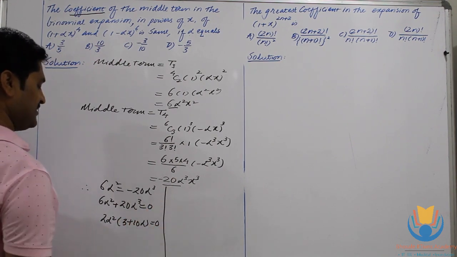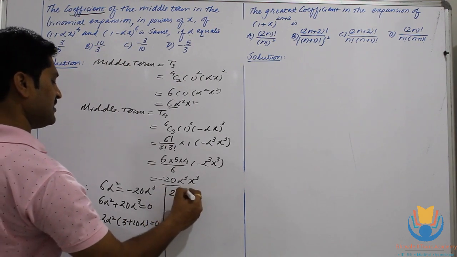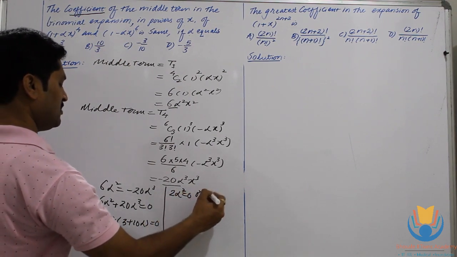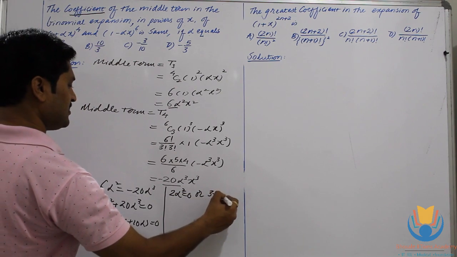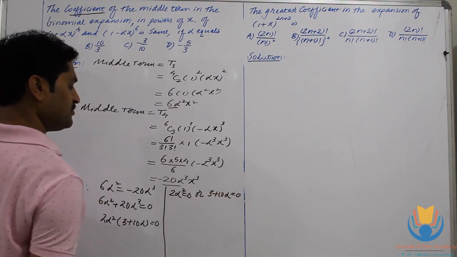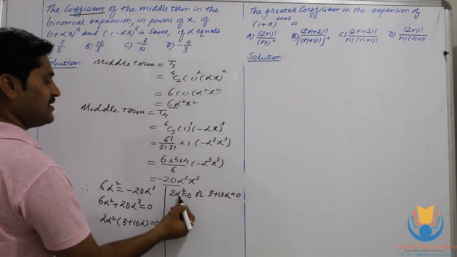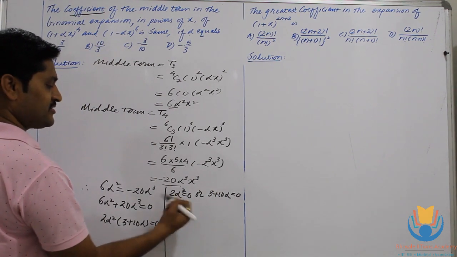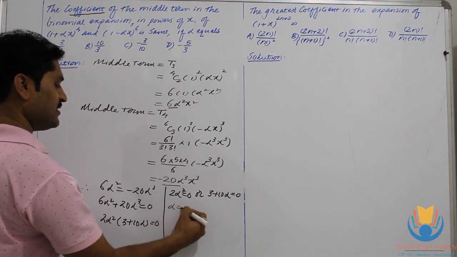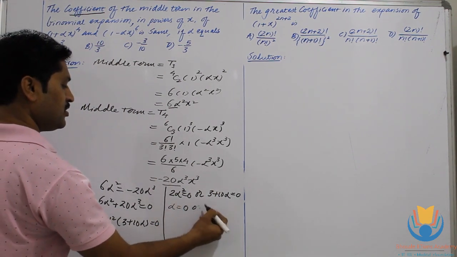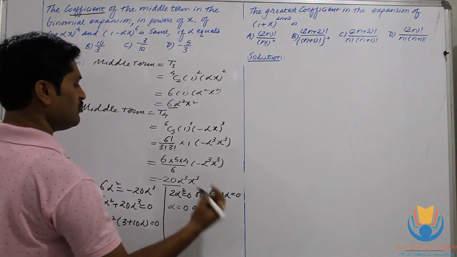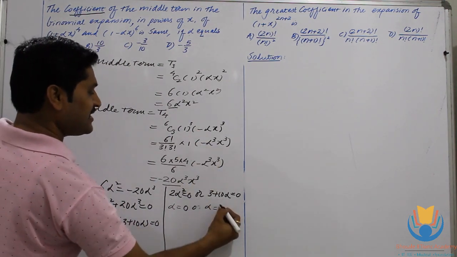So either 2 alpha square is equal to 0, or 3 plus 10 alpha is equal to 0. If you simplify, alpha square is equal to 0 by 2 is 0, take the square root on both sides, alpha will be 0, or alpha will be equal to minus 3 upon 10.